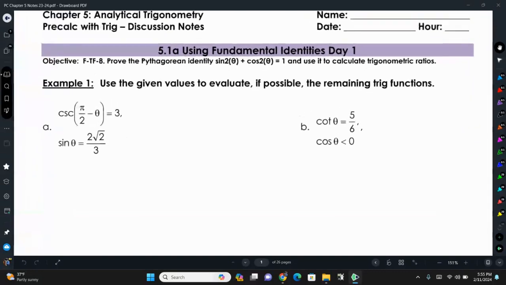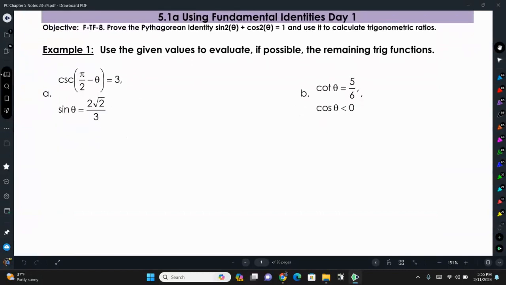So the first thing we want to do is remind ourselves that we can use identities to make some problems easier, like the problems you see in example 1, A and B. A lot of the times when you'd see problems like this, using the given values to evaluate the remaining trig functions, and I give you a trig function, you would draw a triangle and then use the Pythagorean theorem to find the missing side and then list your six trig functions.